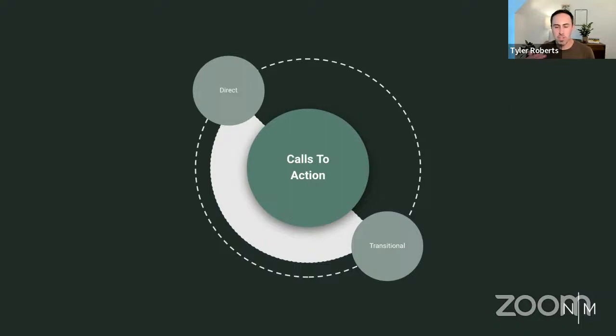Transitional CTAs look a lot like downloading an ebook or watching a webinar. It could be a PDF checklist, a quiz, or some sort of online assessment form. These are the first steps someone may take in creating a relationship with a law firm.